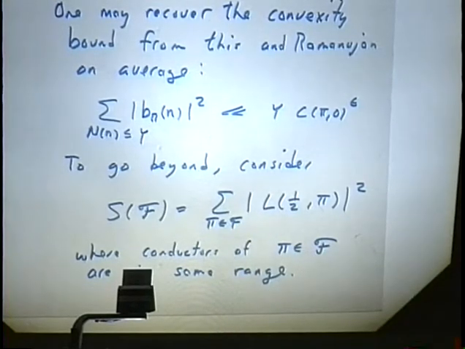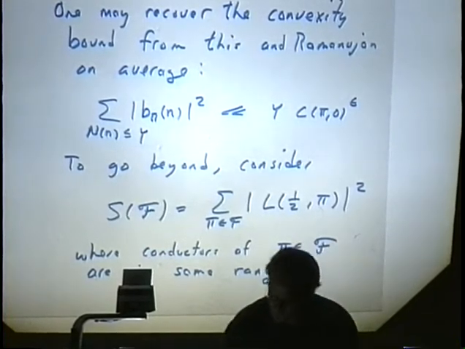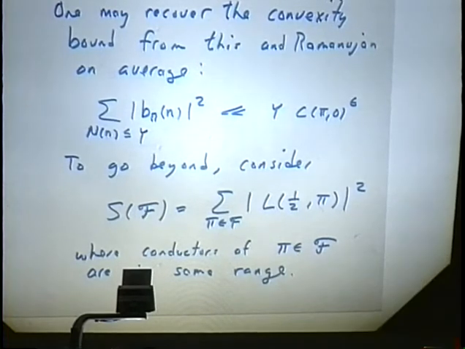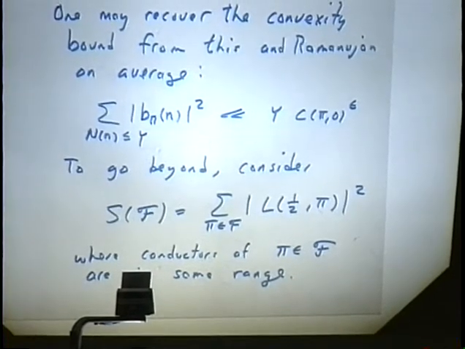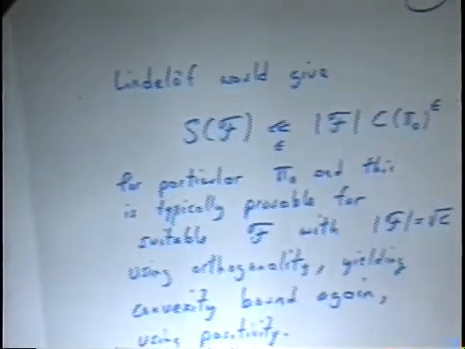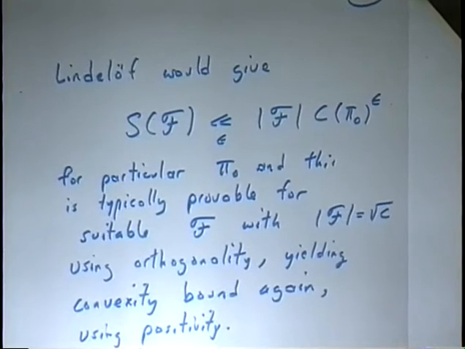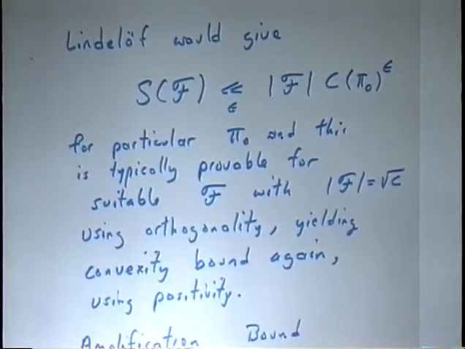I take the mean square of the L function. And a guiding light here is, what would the Lindelöf principle give you? Well, the whole point of averaging is that you hope you can make something which is intractable more tractable. And that turns out to be the case.